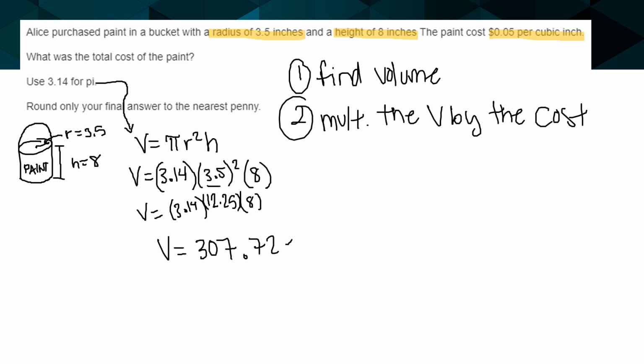All right, so now we take that volume and we go on to step 2. I forgot to mark my step 1 again. Step 2, we need to multiply that volume by the total cost.